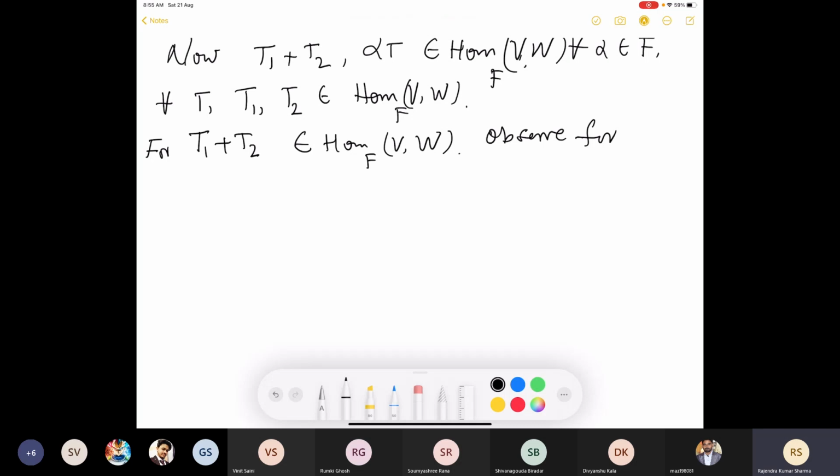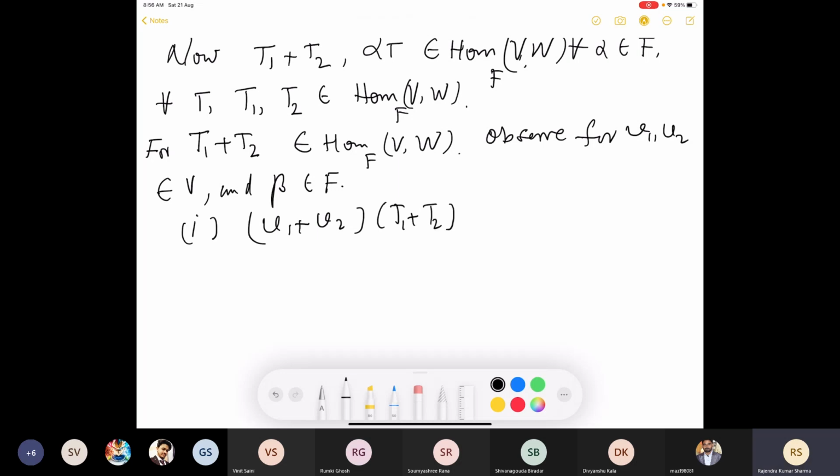So let us take two vectors v1 and v2 in V and beta in F. Now (v1 plus v2) under T1 plus T2: how did we define that? This is (v1 plus v2) under T1 plus (v1 plus v2) under T2.